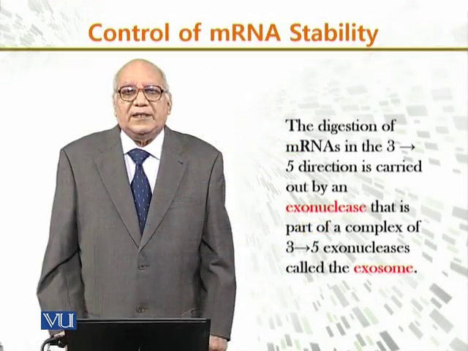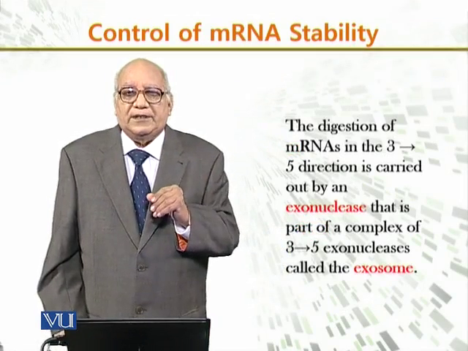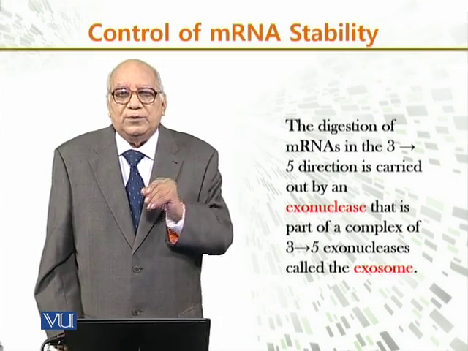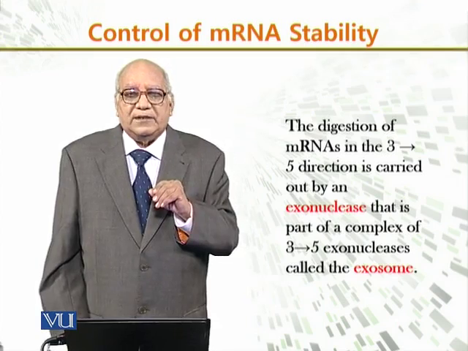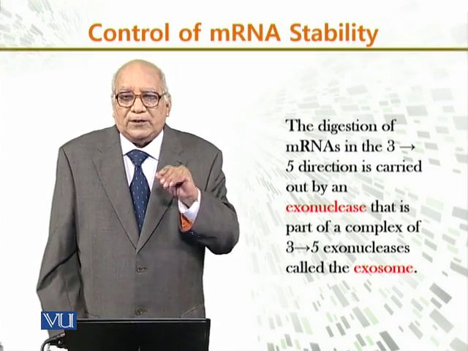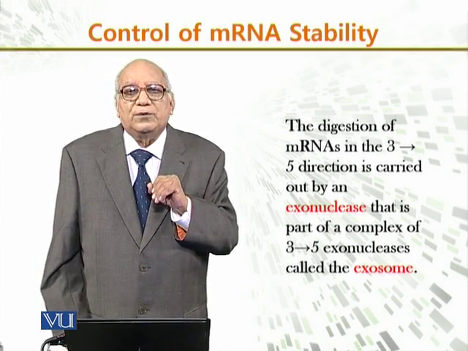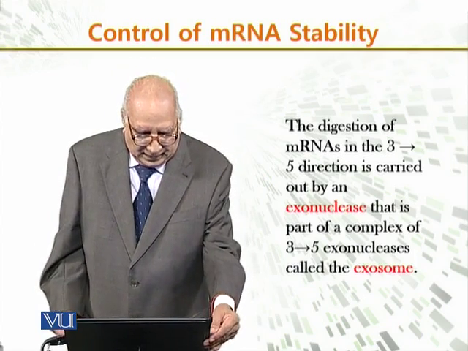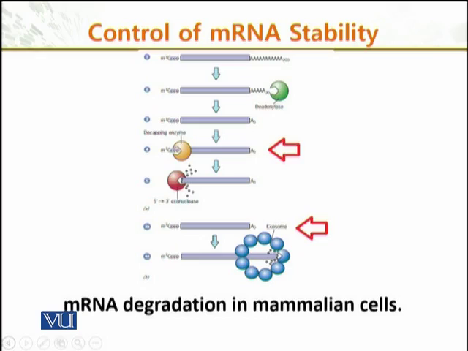The digestion of messenger RNAs in the 3' to 5' direction is carried out by an exonuclease that is part of a complex of 3' to 5' exonucleases, which are called exosomes. In this diagram, those balls at the lower part are the enzymes which degrade the messenger RNA from 3' to 5', and they are part of an enzyme complex called exosomes.